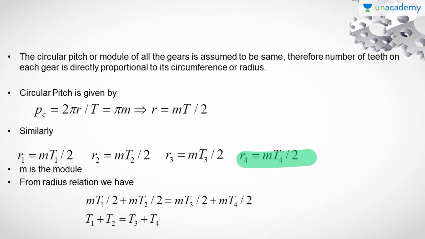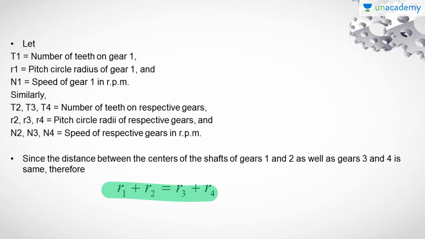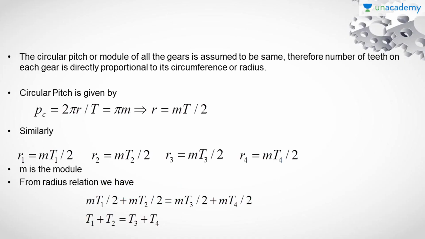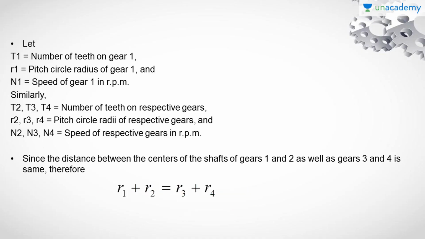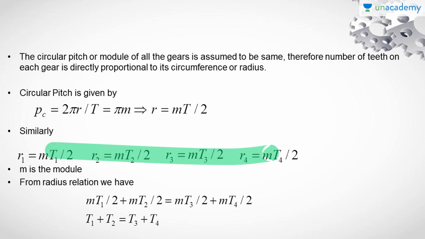So from the radius relation that we have just found from the center to center distances, replacing the values of r1, r2, r3, r4 in this equation with these values, we have m into t1 by 2 plus m into t2 by 2 equals m into t3 by 2 plus m into t4 by 2, which gives t1 plus t2 equals t3 plus t4, where the sum of the number of teeth on gear 1 and gear 2 equals the sum of the number of teeth on gear 3 and gear 4.